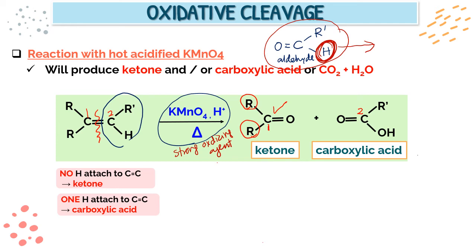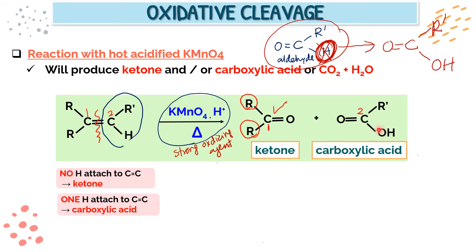So the hydrogen over here will be further oxidized and substituted. This is the alkyl group, and the hydrogen will be substituted with OH. That's why for a carbon that is bonded to one hydrogen, you will straight away get your carboxylic acid. So this is what happened at carbon number 2.